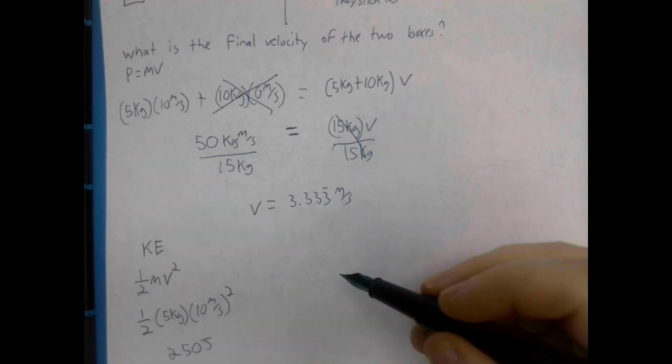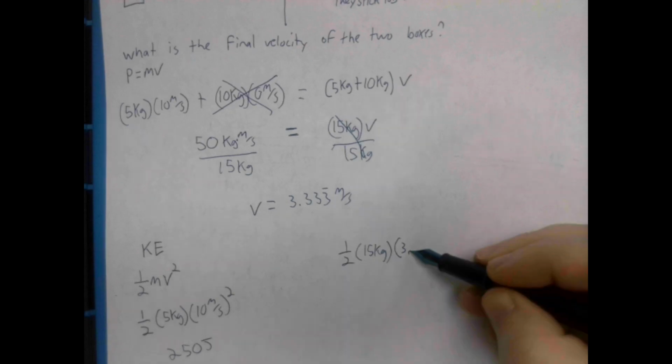And afterwards, we have 1/2 times 15 kilograms times 3.333, and so on, meters per second squared. And we're left with only 83.333 carried joules.